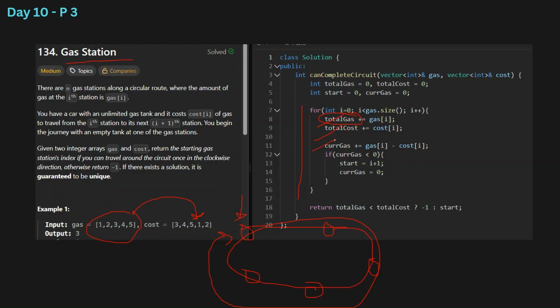Then we calculate the current gas, which is gas of I minus cost of I. Then if current gas is less than zero, we increment the start. If we are over here and we can't reach over here, then there is no use of starting from here, right? So we increment it. After all this traversal, if total gas is less than total cost, we return -1 because then it's not possible. Else we return start, that is the index.